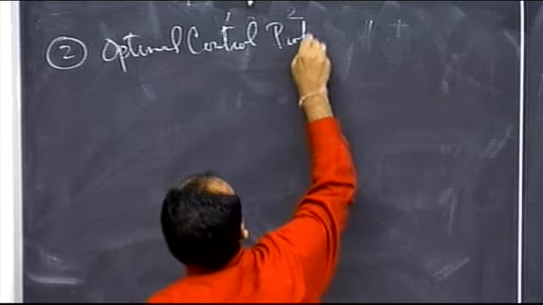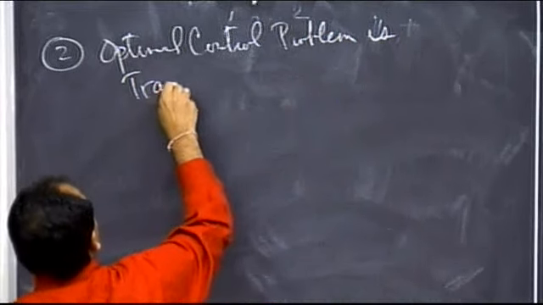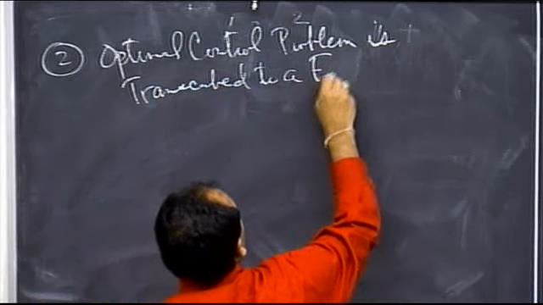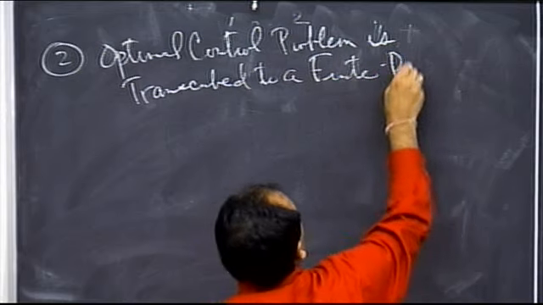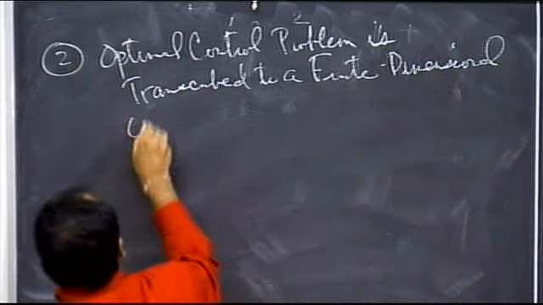So the second step is that the optimal control problem is transcribed to a finite dimensional optimization problem.